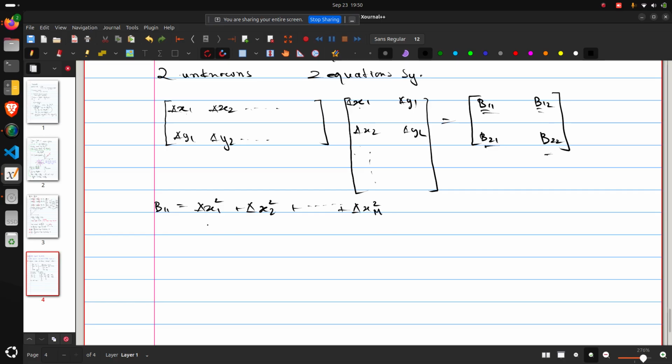What will the B12 term be? This will be this vector multiplied by this vector. So this will be delta x1 delta y1 plus delta x2 delta y2 plus delta xm delta ym.